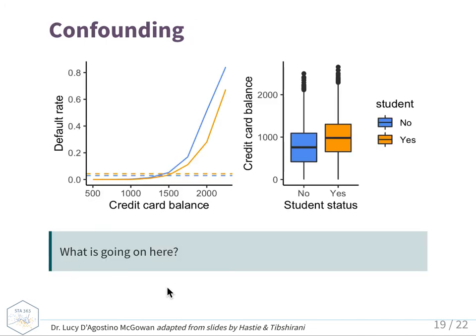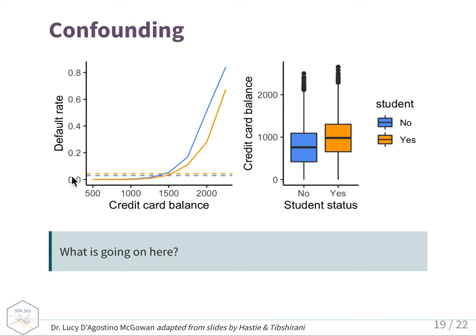This is a concept known as confounding. So what's going on here? Well, if we look at credit card balance and default rate, on this plot I'm showing you two different models. On the dashed line, I'm showing you the first model I fit that only included information about whether the customer was a student.